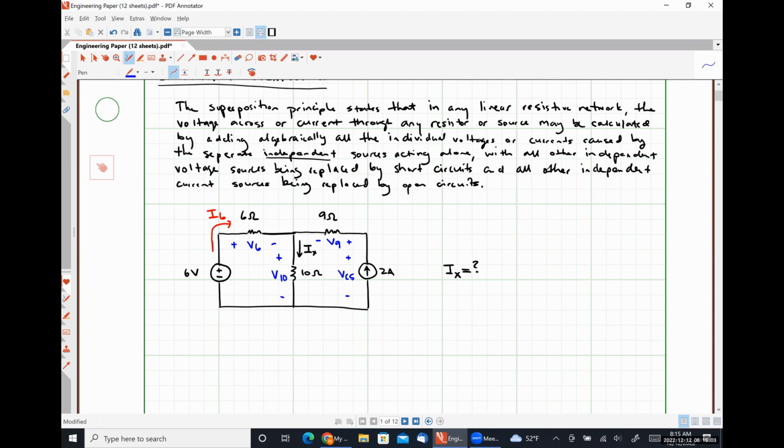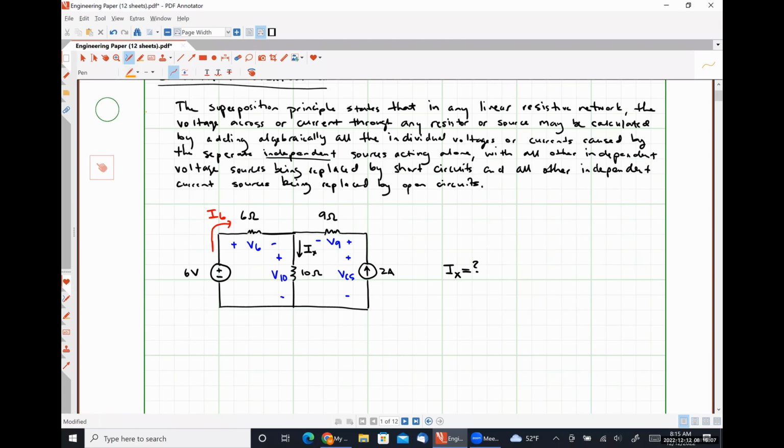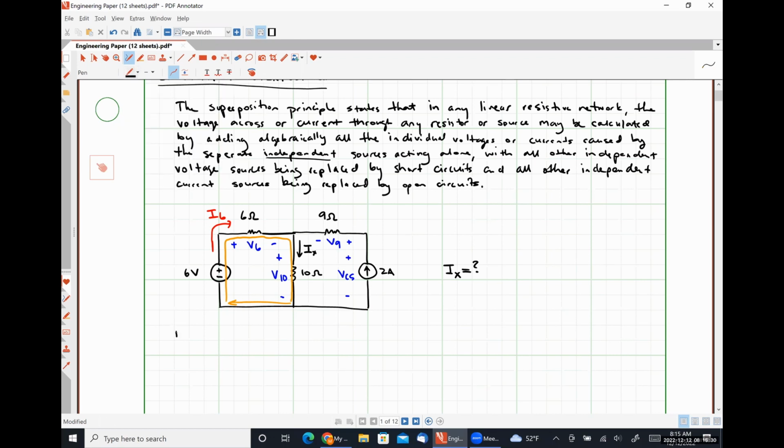So because I've done this exact problem a multitude of times, I am going to do this in the easiest possible way. Okay. So the first thing that I'm going to do is write a Kirchhoff's voltage law equation around this loop.